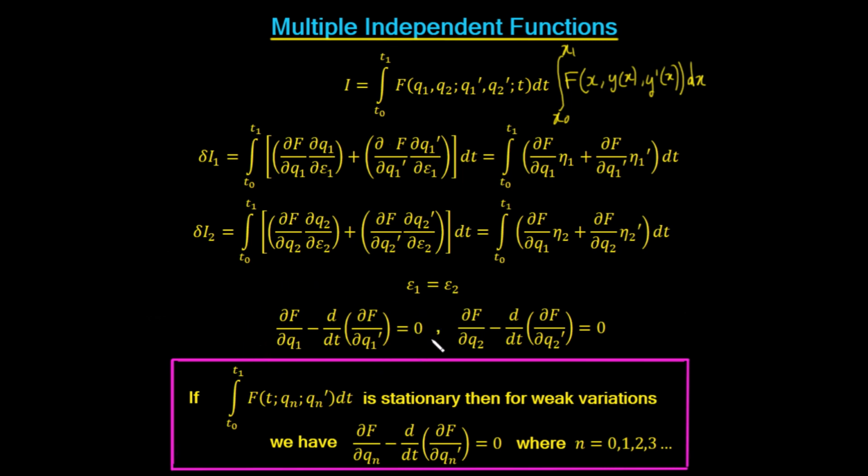So this is the Euler-Lagrange equation for the first value, q1. But we can also do it for the value q2 as well, and I've done that down here. We're doing the same process for deriving the Euler-Lagrange equation, but for our value of q2. And we've also got our variation, which has been created by our epsilon 2, but now we can make our epsilon 1 equal epsilon 2, and we'll have these two Euler-Lagrange equations.